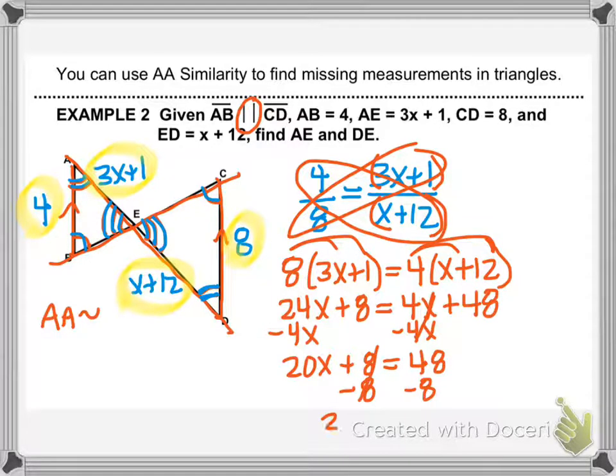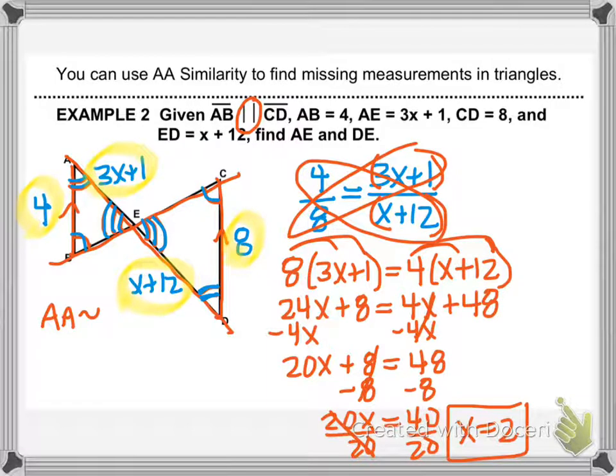So I've got 20x equals 40. And then the last thing I want to do is divide both sides by 20. 40 divided by 20 is 2. So x equals 2.